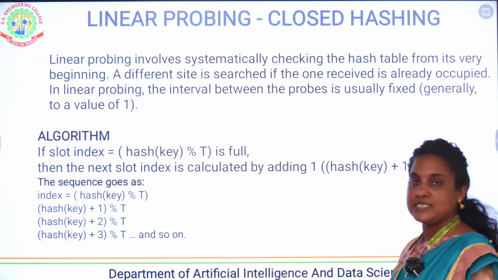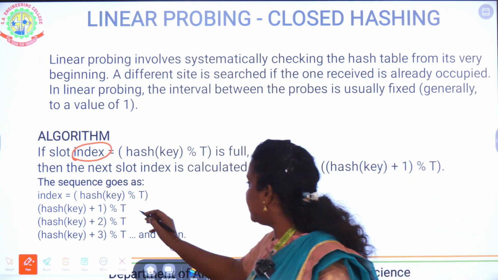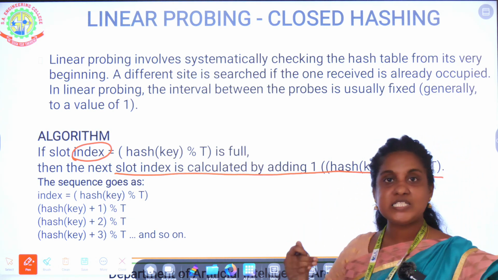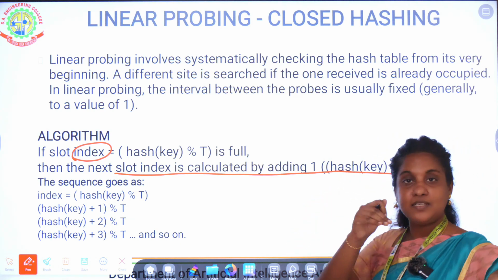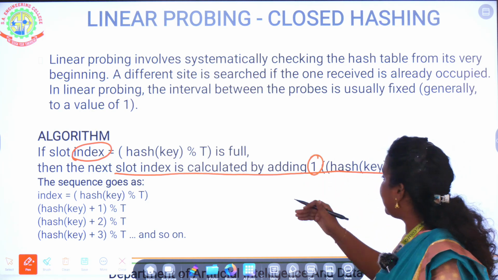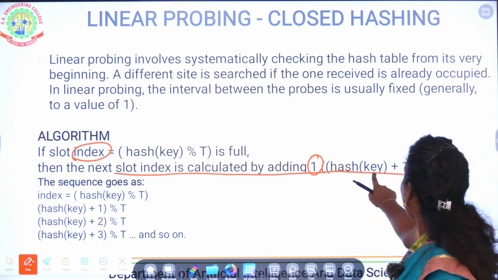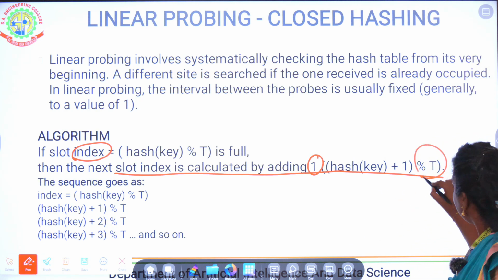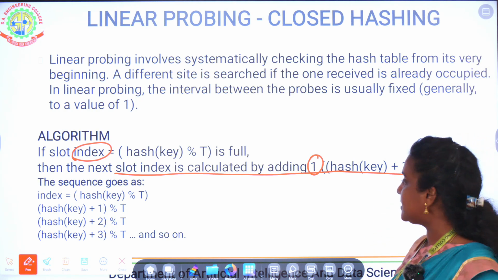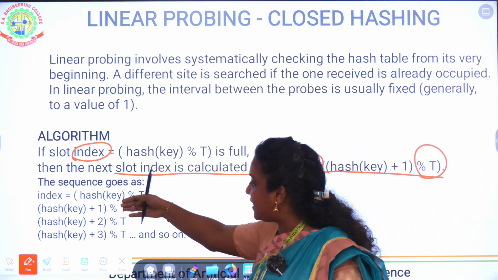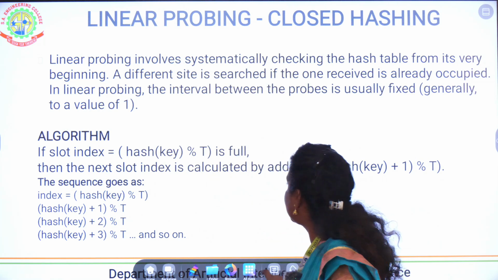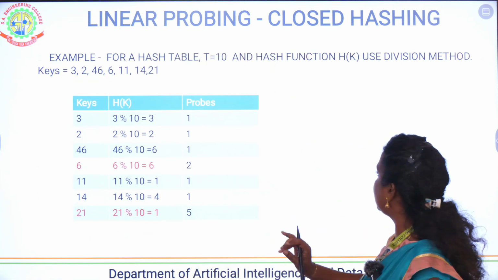This is the basic algorithm: I have to search for the next free slot by adding 1 to the hash of the key and taking mod with table size t. So the sequence goes +1, +2, +3. With an example we will see how linear probing works.